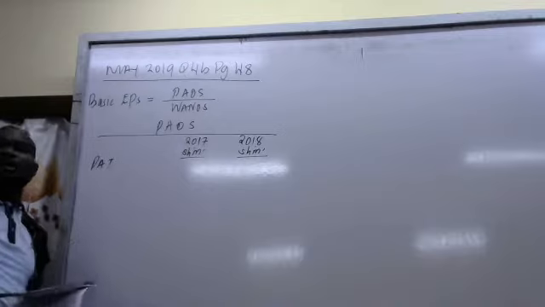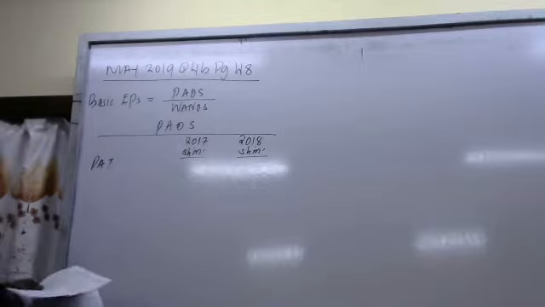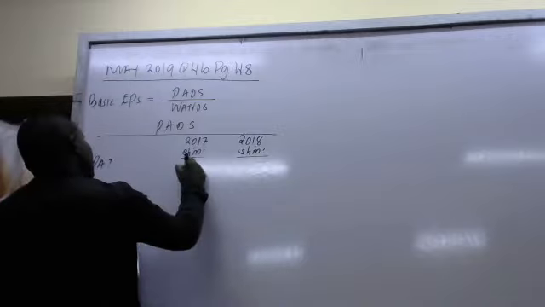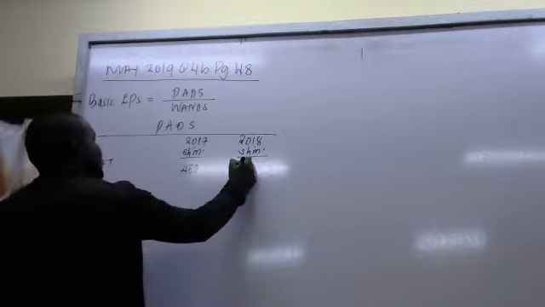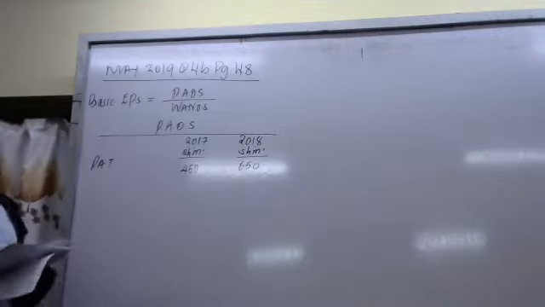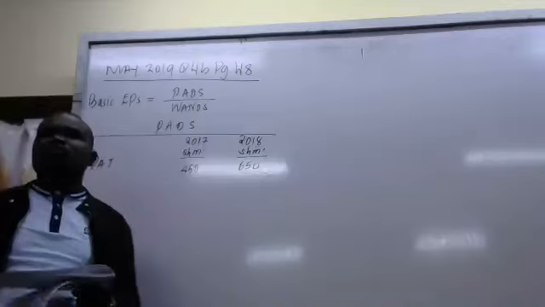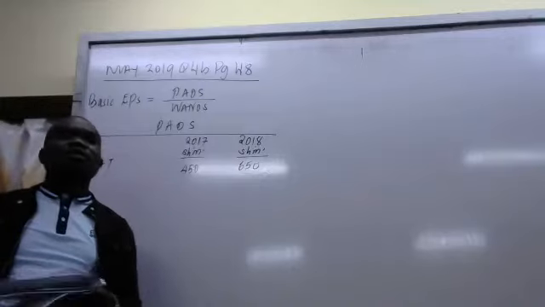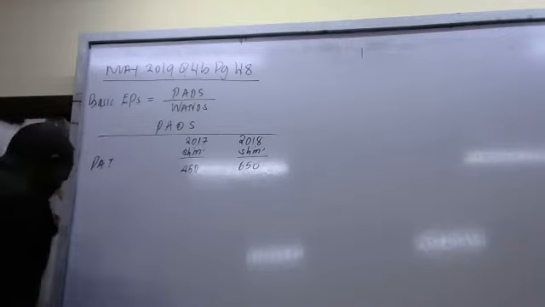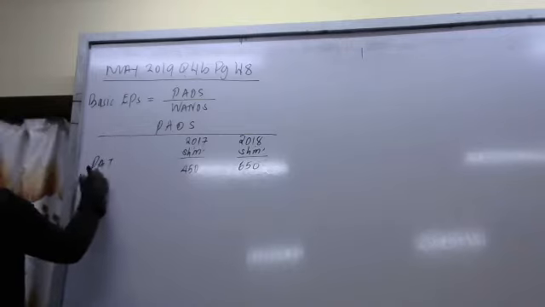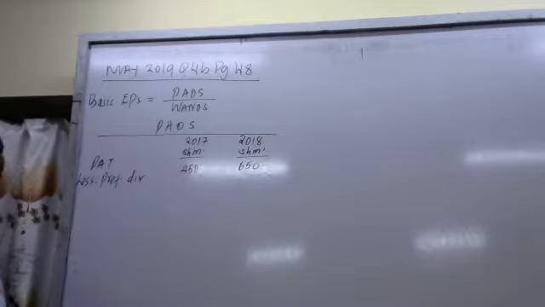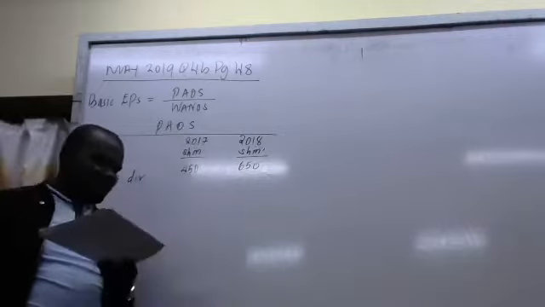How much is the profit after tax for the 2 years? We have 450 and 650. What do we subtract? We less preference dividends.